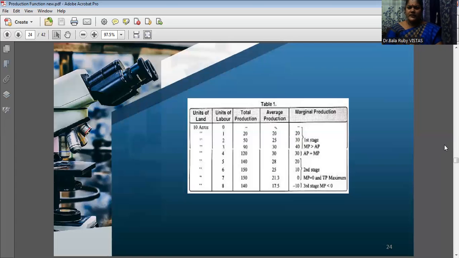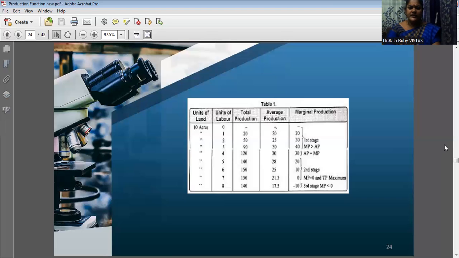Average production we can calculate very easily because there is an easy formula. The meaning of average production is the production per unit of a commodity. If we divide the total production by the output, we can calculate the average production.